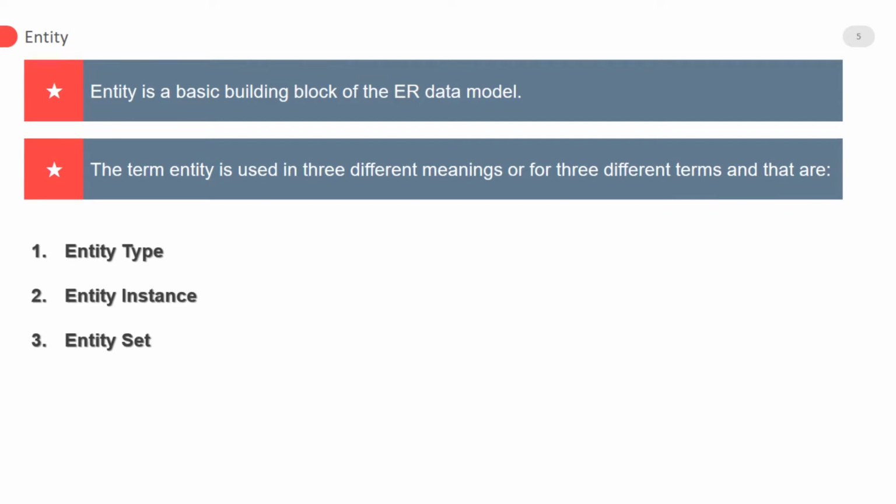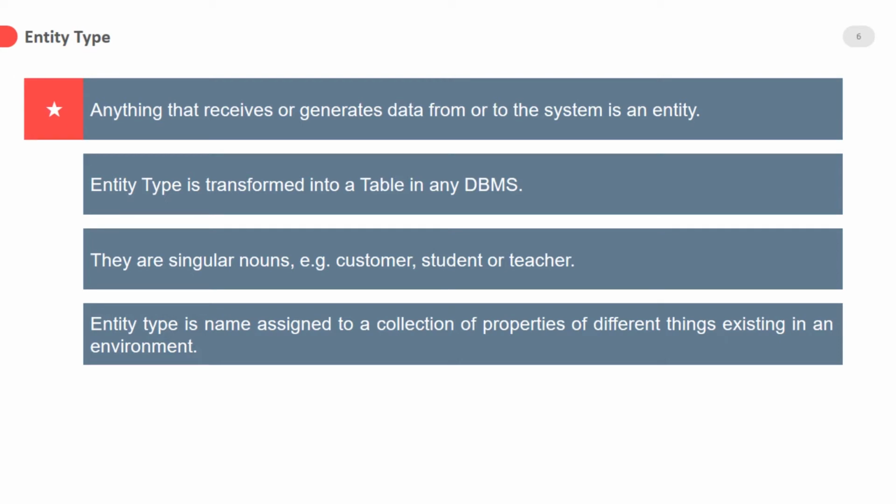In simple words, we can say that an entity is an object that produces some attributes or features about itself. After understanding these three terms of entity, your confusion will be cleared. Entity type. Anything that receives or generates data from or to the system is an entity.